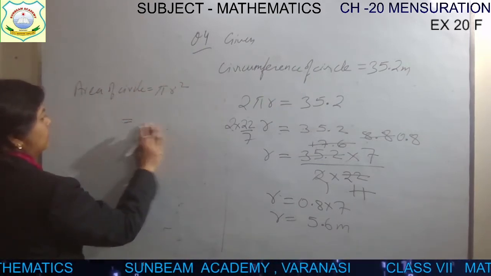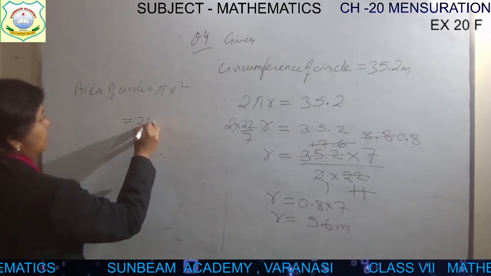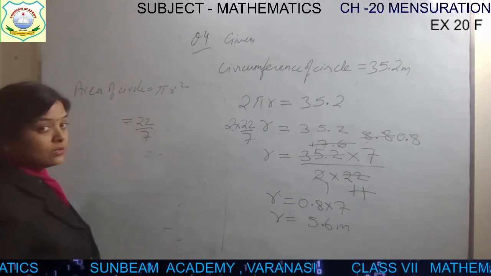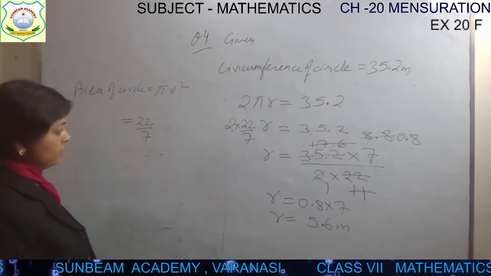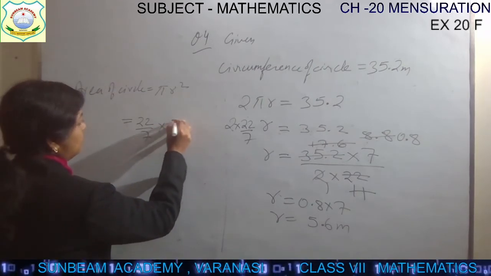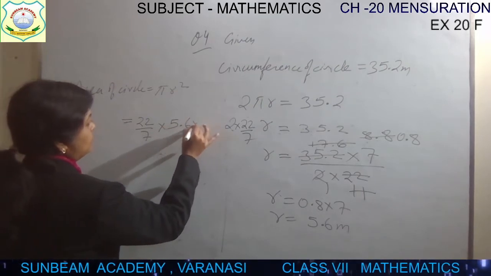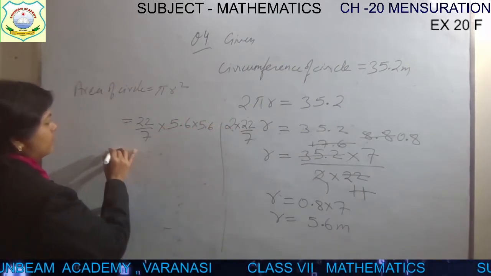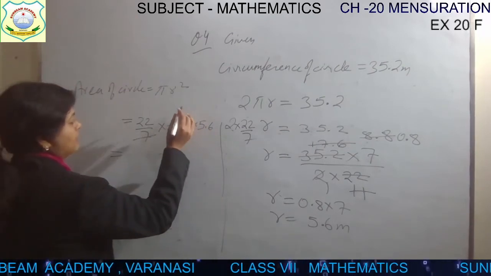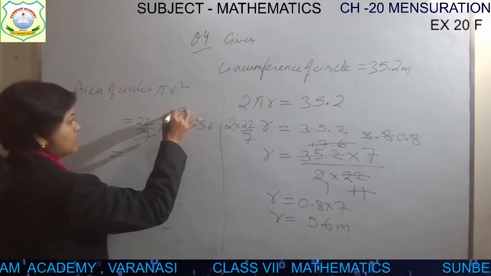Put the value. Pi is 22 by 7, or you can use 3.14 also, since it's a decimal value. I am using 22 by 7. 5.6 into 5.6. So now it is how much? 7 eights are 56, so it is 0.8.